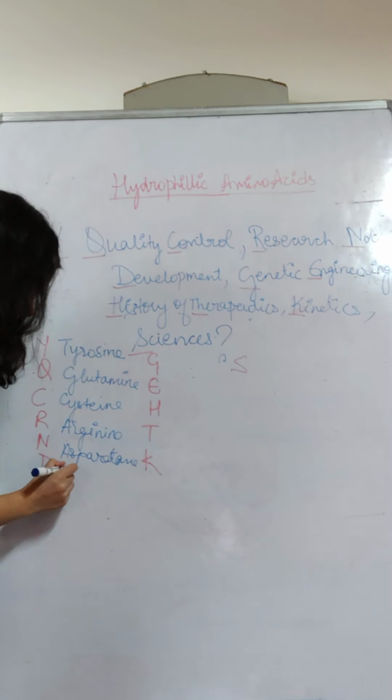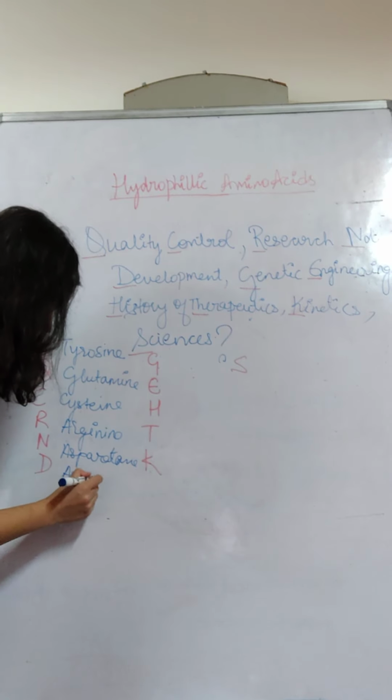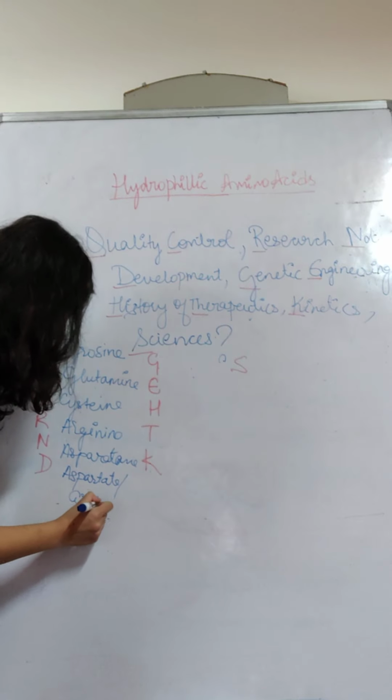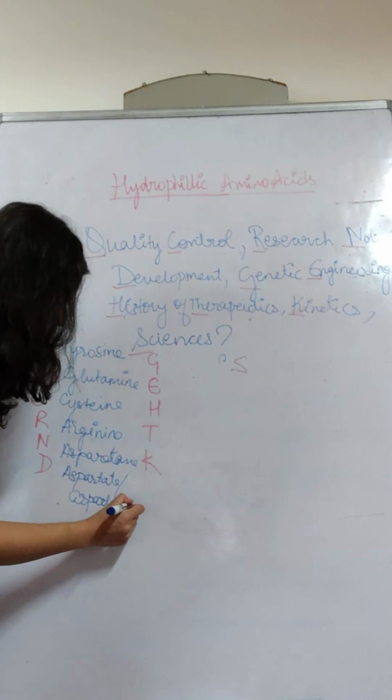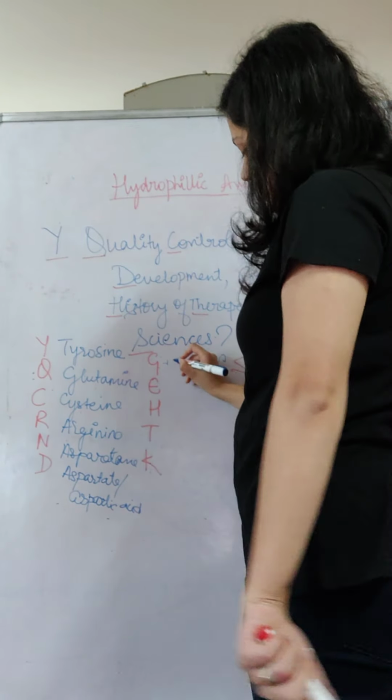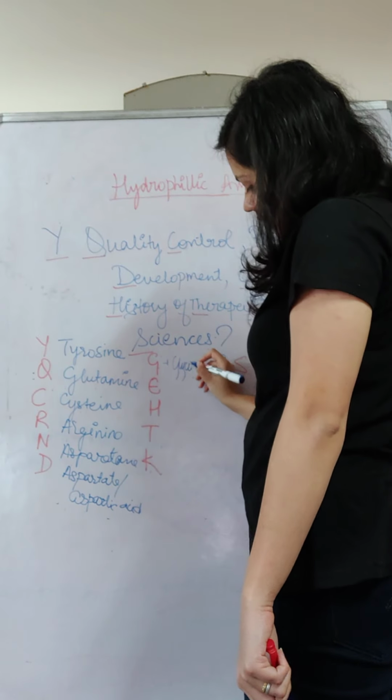D is for aspartate, or what you call aspartic acid. Correct? Then G in genetic engineering, G is for glycine.